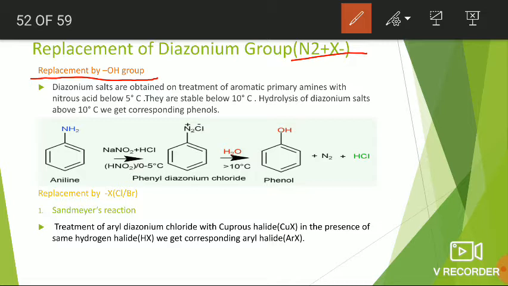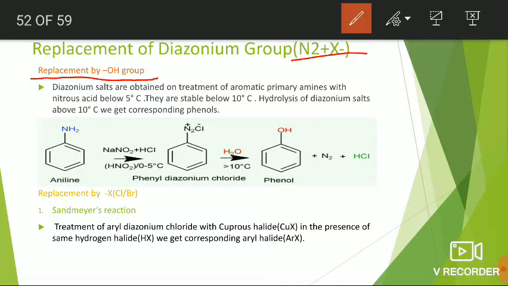It is generally known as the diazotization reaction, that is, conversion of aromatic primary amine into the corresponding diazonium salt on treatment with nitrous acid under ice cold conditions, below 5 degrees centigrade. It is useful to prepare diazonium salt.